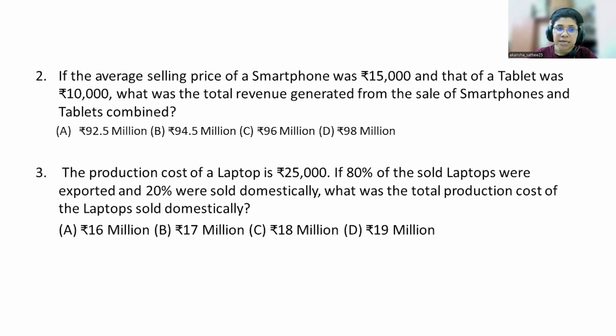Okay, then the production cost of a laptop is this. If 80% of the sold laptops were exported and 20% were sold domestically, what was the total production cost? Again, for this, you need to know how many laptops were sold, right?